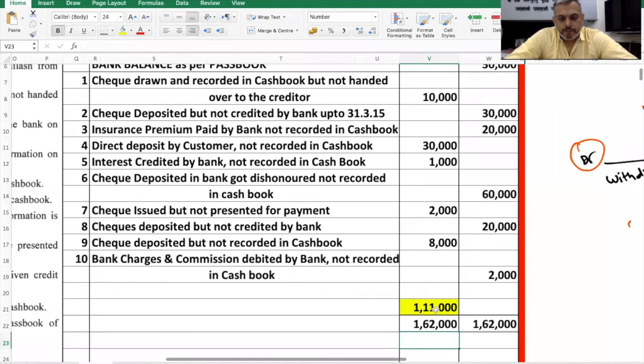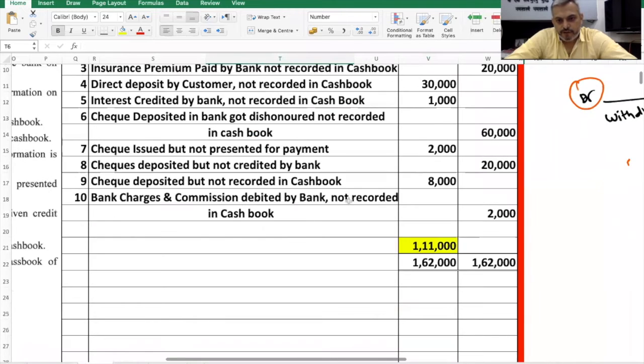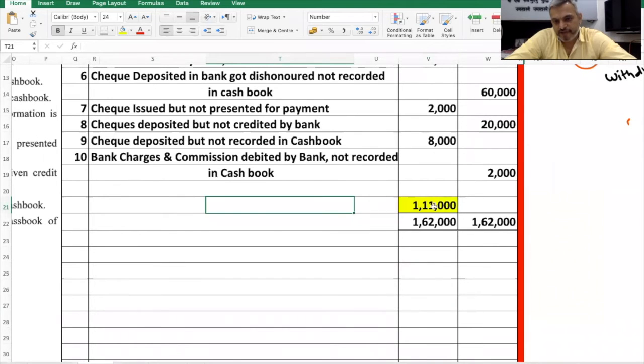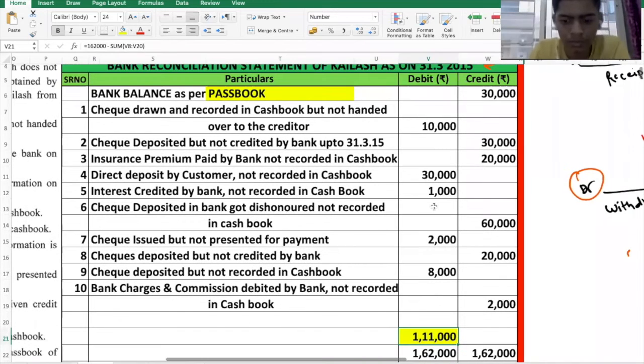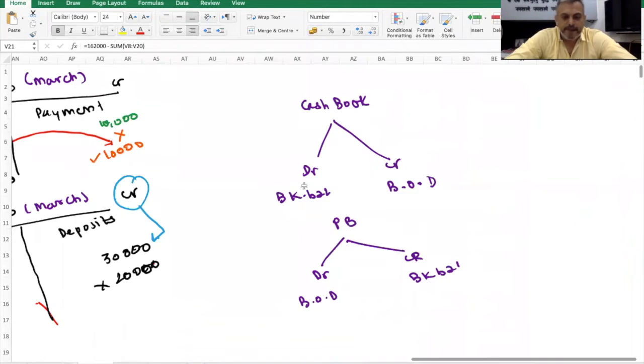Now this 1,11,000. Now you started this as per passbook. So this will be as per cash book because we are comparing passbook and cash book. Now it is a debit balance. So in the cash book, what do we call a debit balance?